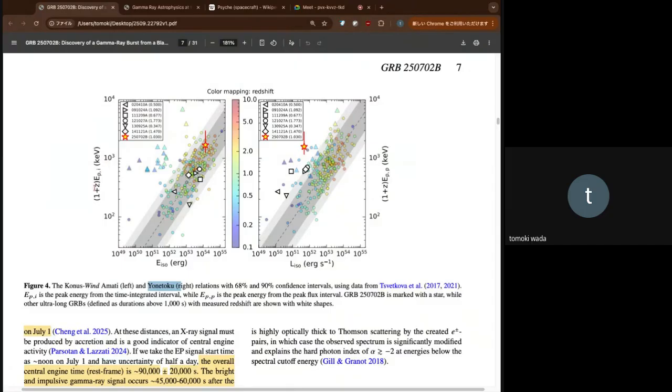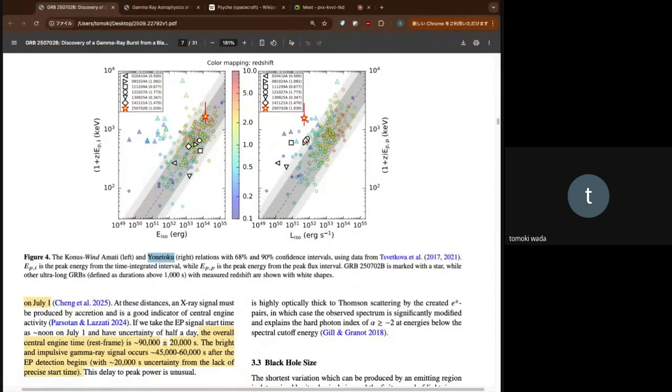And this relation is determined by E peak and E iso, or L iso and E peak. And as you can see in Amati relation, this GRB is within typical GRBs. But for Yonetoku correlation, it is a bit outside of these typical GRB populations.